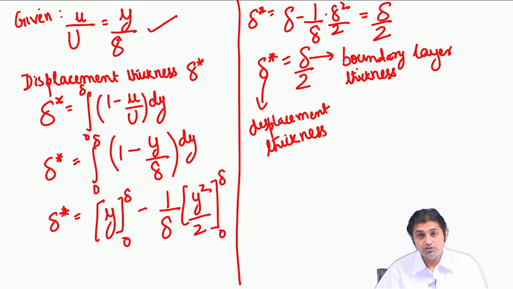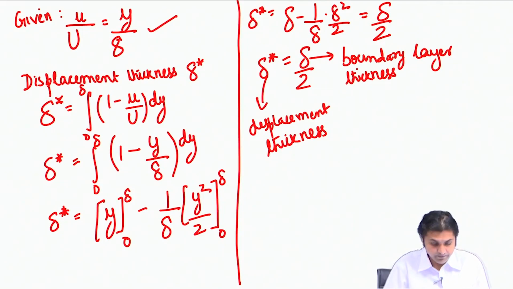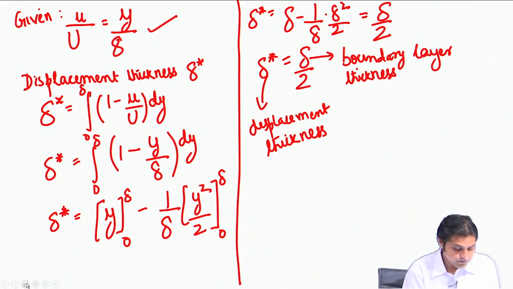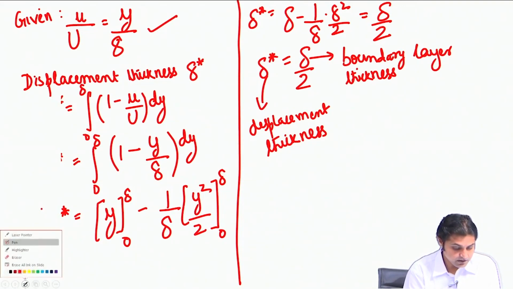Now going to momentum thickness. This is very simple. We have written displacement thickness in terms of boundary layer thickness, so I will erase all ink on the slides.